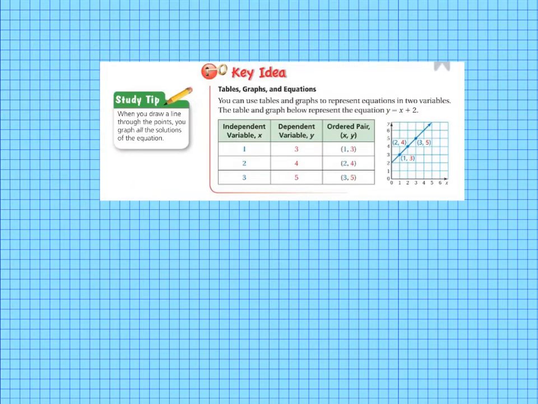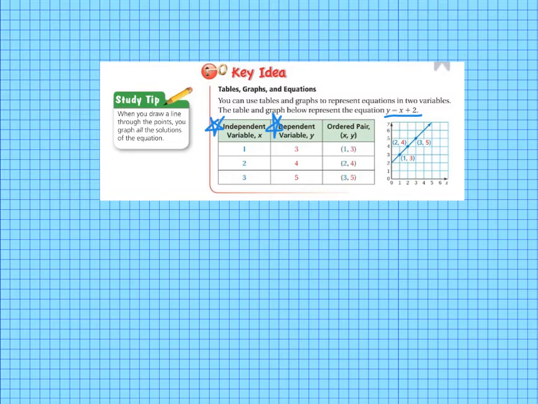Here's a really important key idea. Tables, graphs, and equations. We can use tables and graphs to represent equations in two variables. The table and graph below represent the equation y equals x plus 2. And it talks about independent and dependent variables. And so these are tough concepts sometimes for kids because those words sound so much the same.